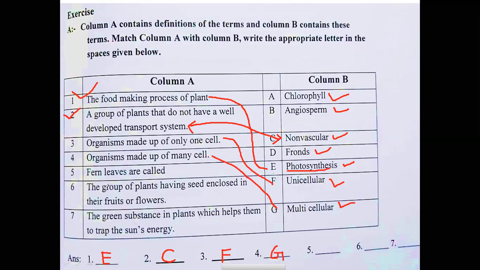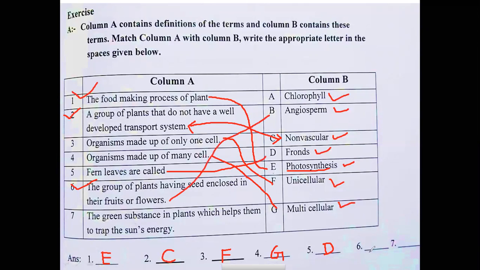Now, number 5. Ferns leaves are called D. Fronds. Ferns leaves are called fronds. Number 6 is the group of plants having seed enclosed in their fruits or flowers. What is the answer? Angiosperm.